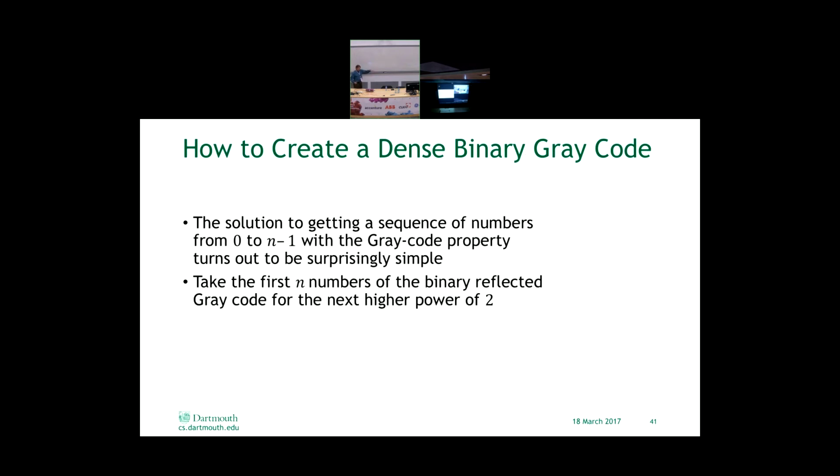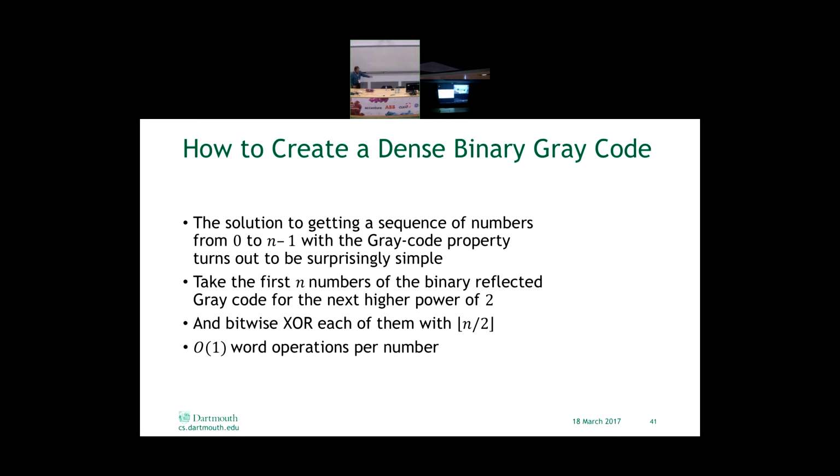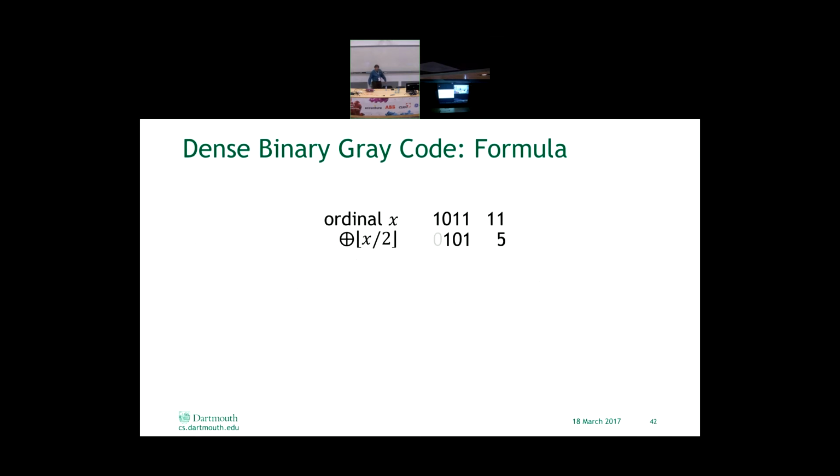So here we're going to start with the same ordinal as before, and it's got the same floor when you divide it by 2. But now we'll look at n equals 13, which is 1101, and we shift that right by 1 bit, so we have 0110. We XOR the whole thing together, so XOR bitwise each of those 3 numbers together, and we get 1000, 3 zeros after the 1, which is 8.